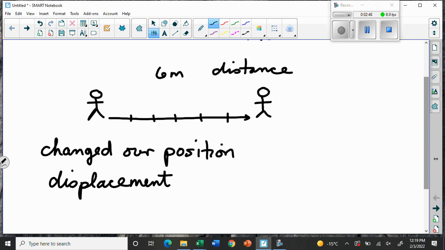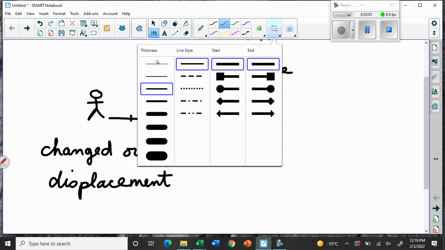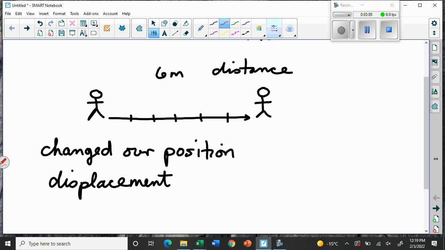But we can actually add some more information. Now that you know a little bit about what a vector is, we can add a direction to the distance as well. And we can take this 6 meters and describe it in a different way. I'll change colors just to emphasize that. We could say that if this movement was towards the right, we could call this 6 meters right.